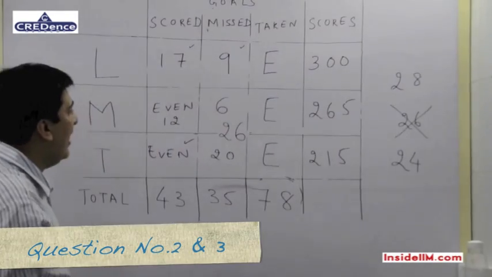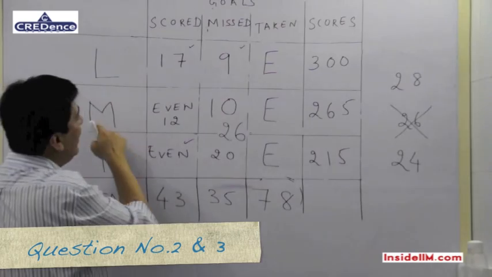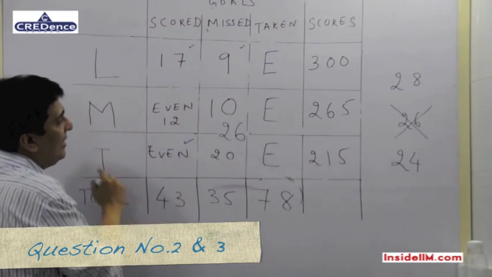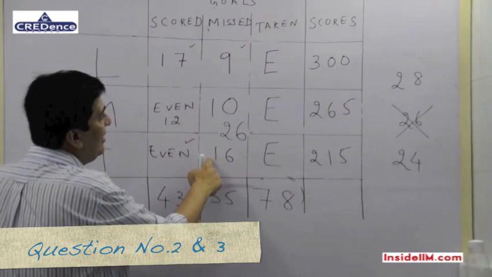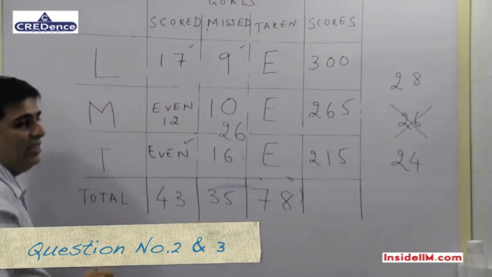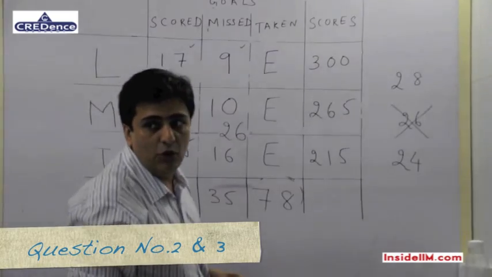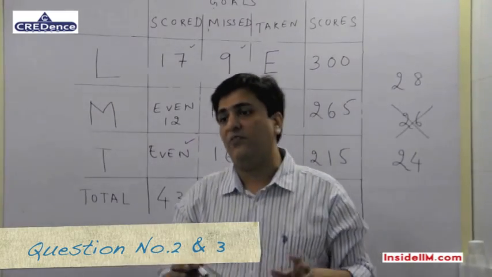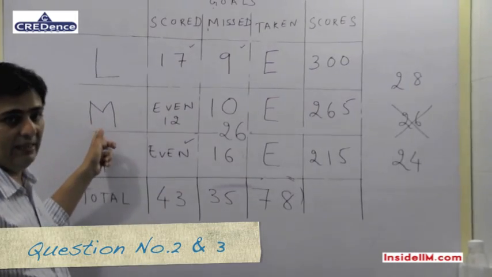So now if I look at the next option, that is 10. Now if Messi has missed 10 goals, which means Tevez has missed 16 goals. Now if Tevez has missed 16 goals, 16 plus 9, 25 goals have been missed by Tevez and Lampard. And for those 25 goals, 25 times 5, 125 bonus points are got by Messi.